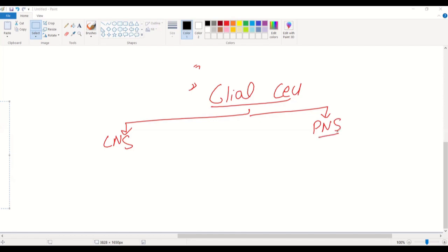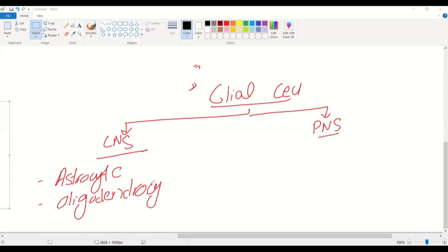The CNS glial cells include astrocytes, oligodendrocytes, which we already discussed, and microglia.